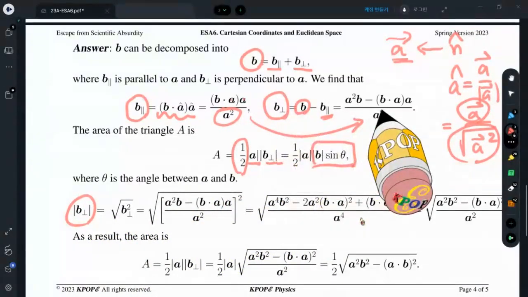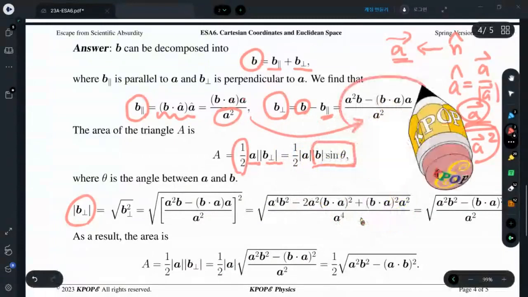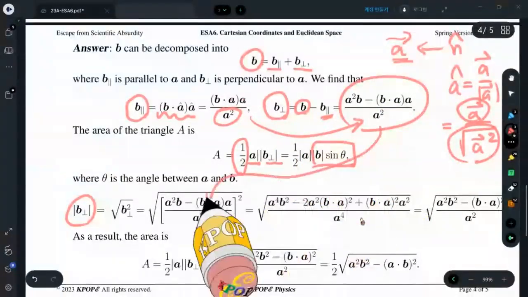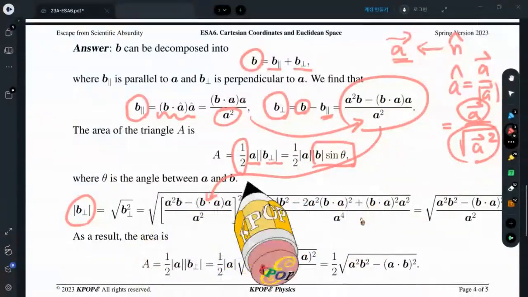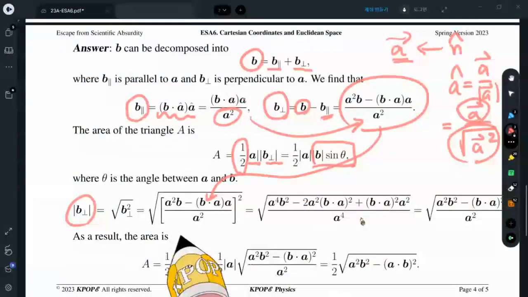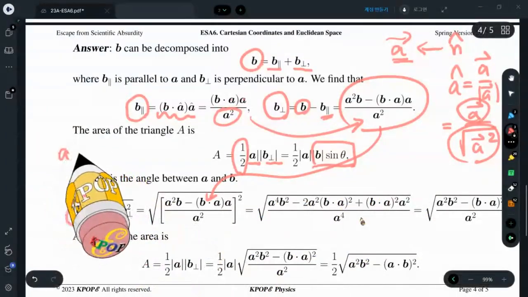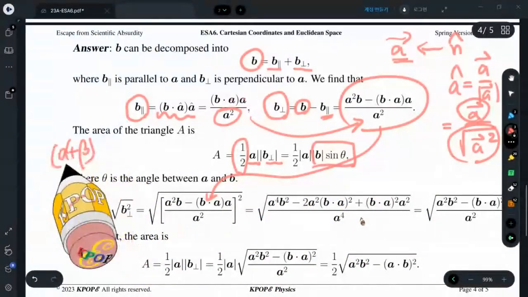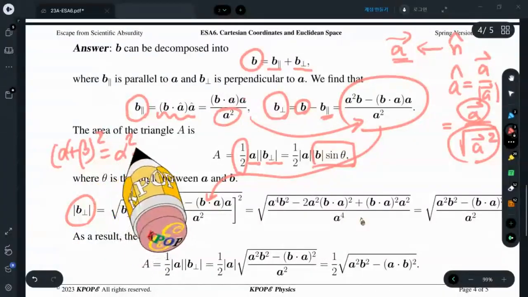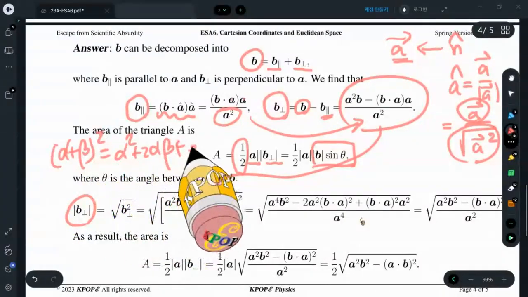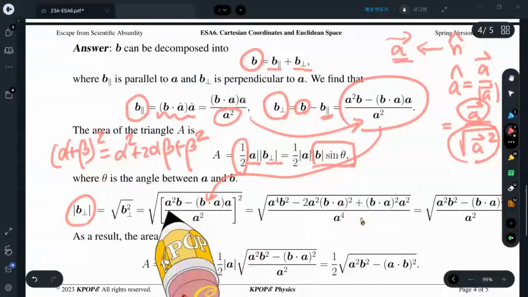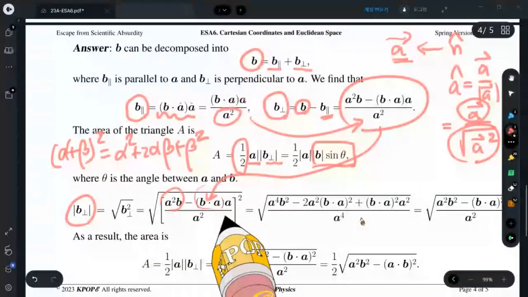The B perpendicular magnitude can be obtained by squaring this vector and taking the square root. Square alpha plus beta: squared equals alpha squared plus 2 alpha beta plus beta squared. So this is alpha and this is beta.